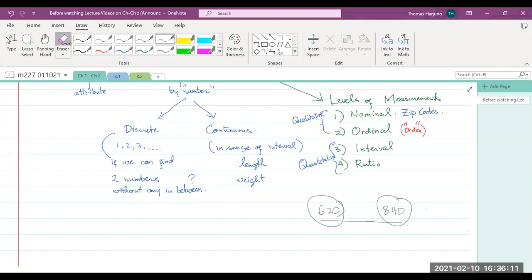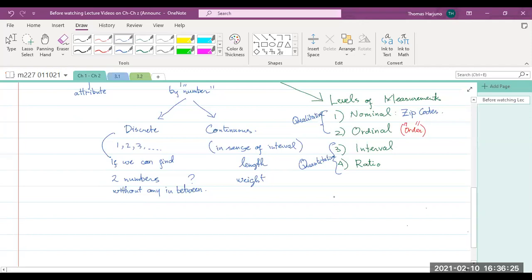Now how about interval? Interval, for example, IQ score. Another one, your GPA, for example.